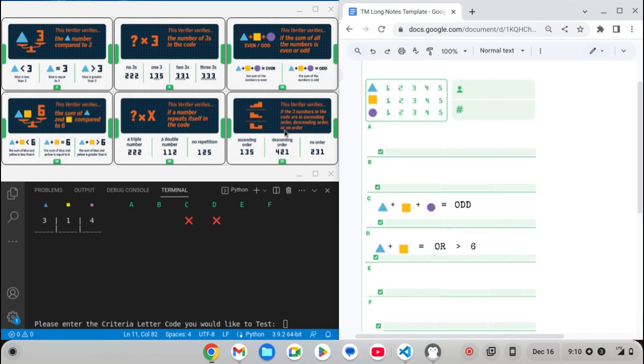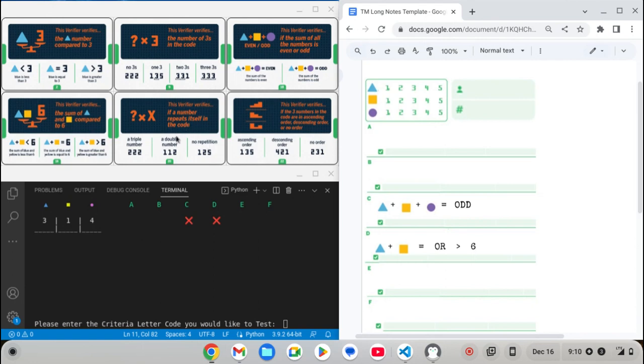So if you look at criteria card F, we can say that the solution should have no order for the following reason. If you presume it's ascending, all the digits are increasing. That in itself implies that all the digits should be unique, meaning that there are no repetitions.